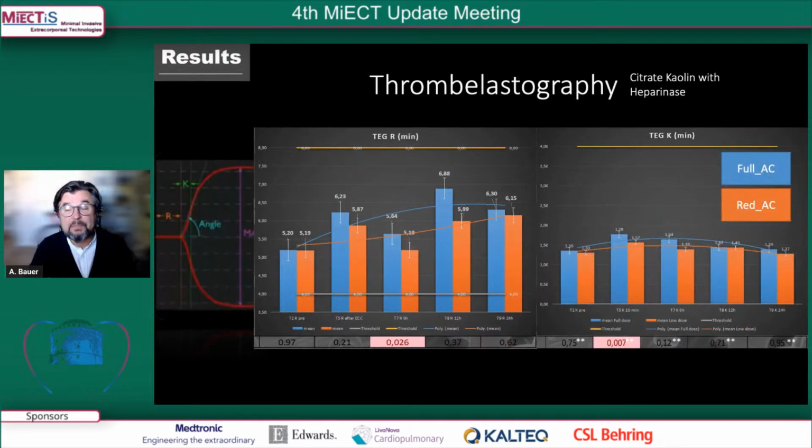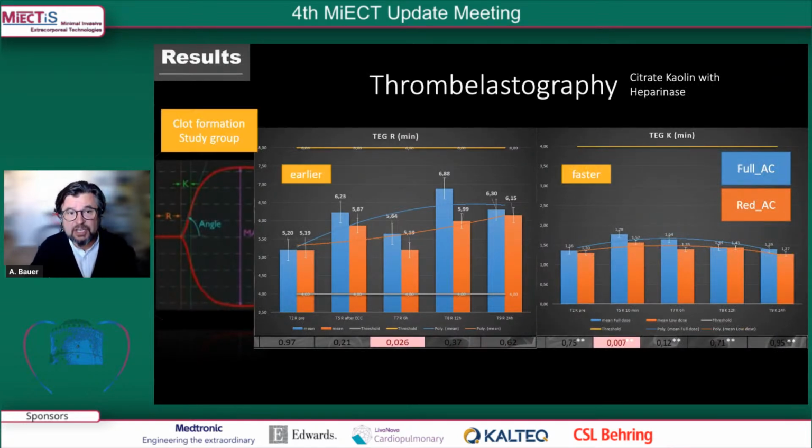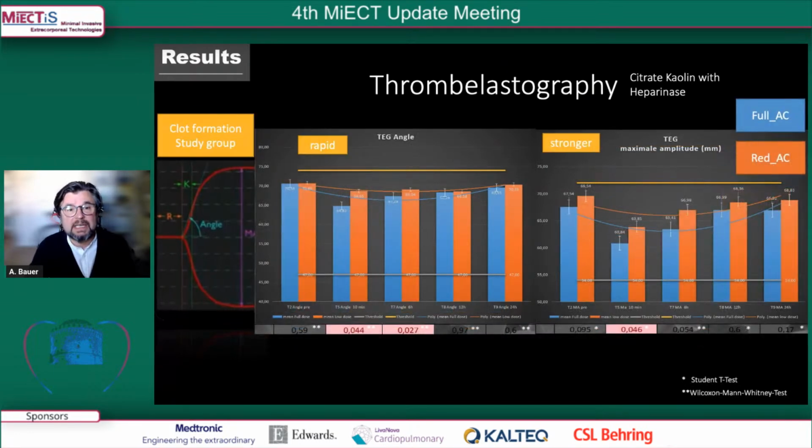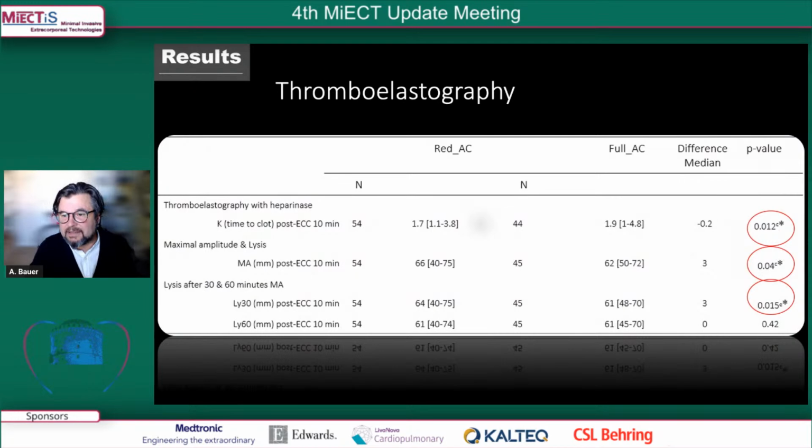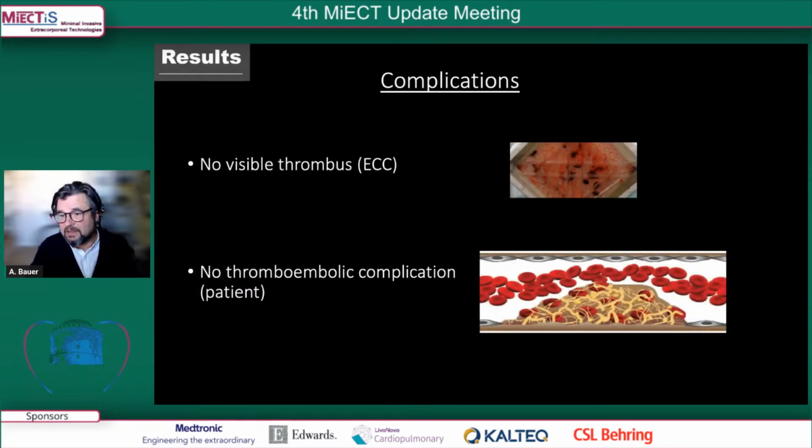But on the other hand, we have a much better coagulation status of the patient, investigated here with thromboelastography. The clots came earlier, faster, and also stronger. So we expected reduced bleeding, and this was true. The bleeding amount was reduced by 400 mL, which is a very good result.